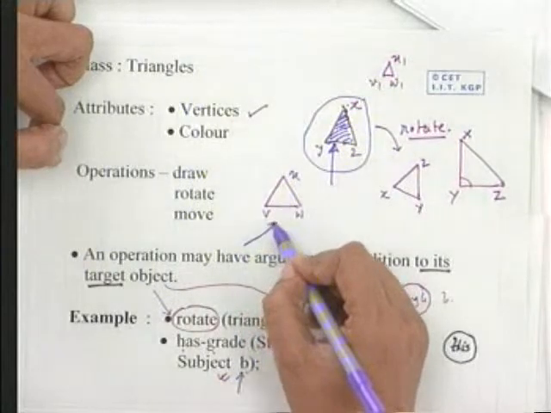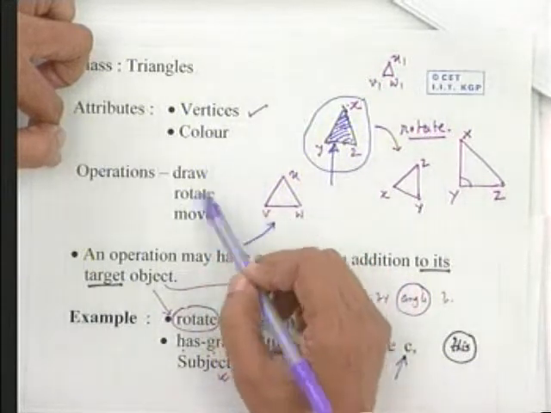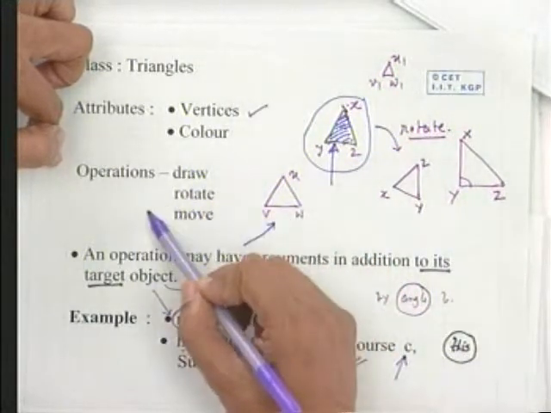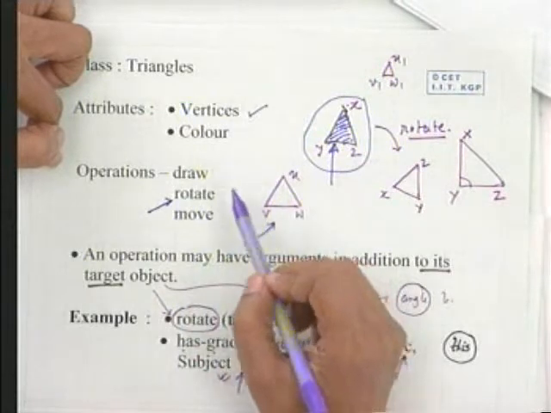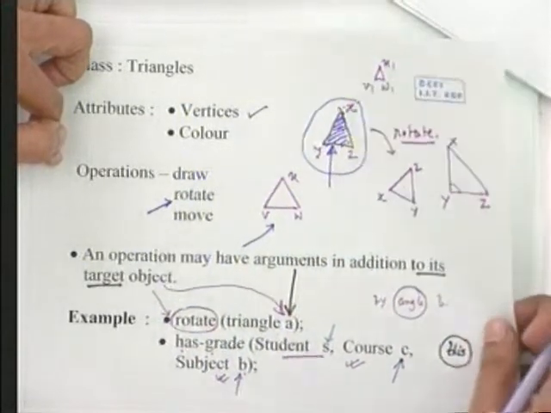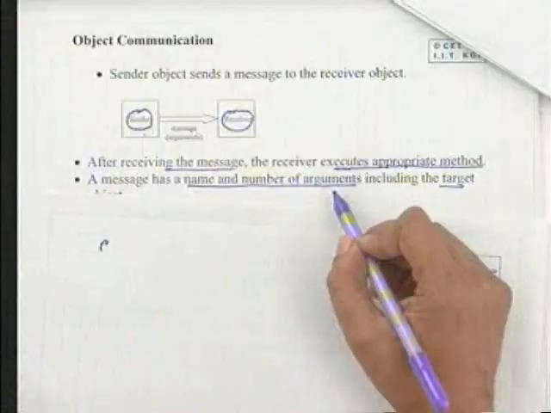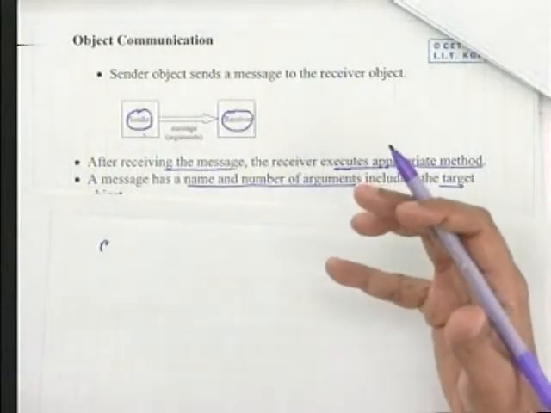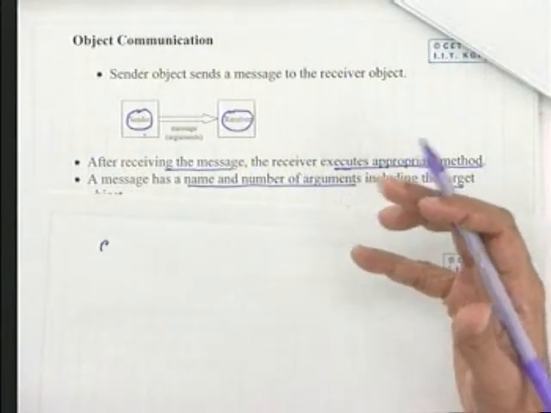Then it must send a message to an instance of the triangle class to rotate it, and the rotate will have certain parameters associated with it, which will identify the angle by which it should be rotated, for instance, and which particular triangle is to be rotated.